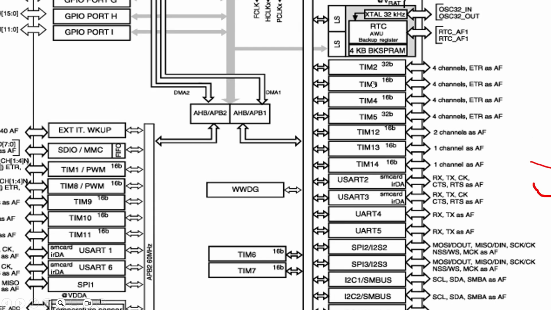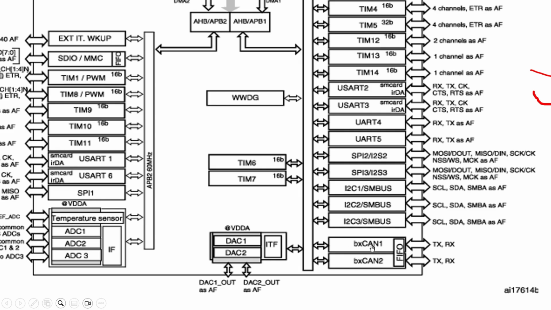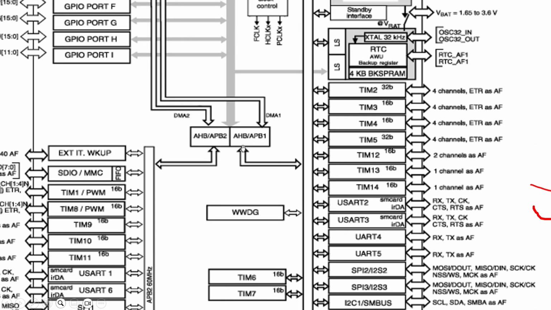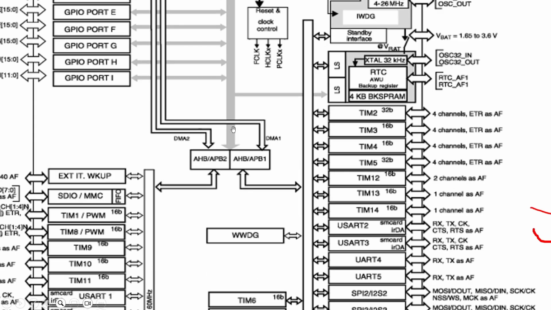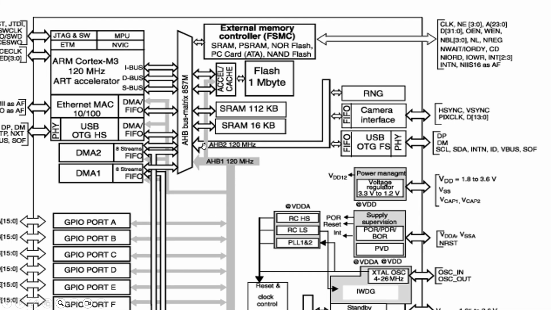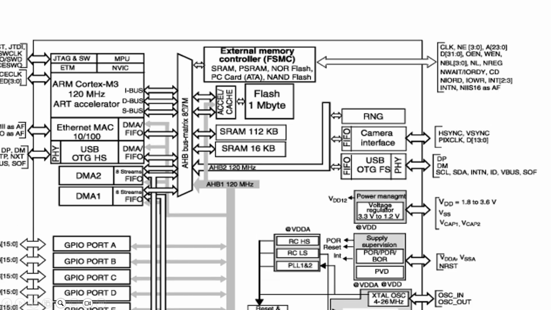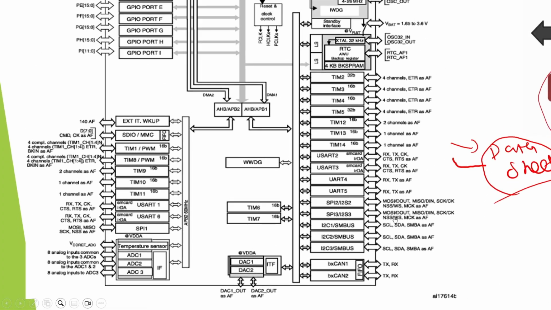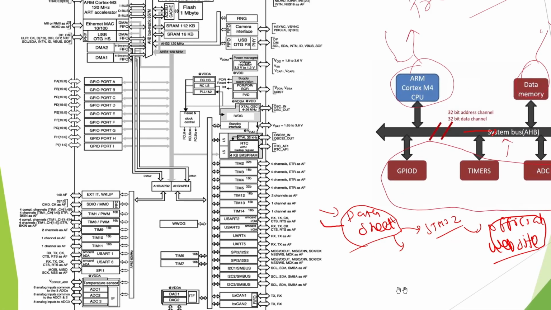Suppose this is the CAN peripheral. It will send some data, this data will go to the APB1 bus, and from the APB1 bus the data will go to the AHB1 bus, and from the AHB1 bus the data will go to the AHB bus matrix and then to the processor. Understood? Yes, sir. So this is the normal flow.